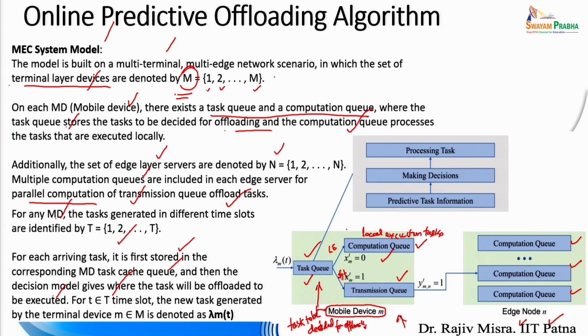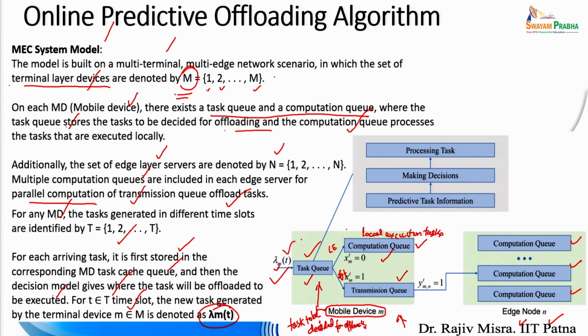If it is offloaded, then it is put in the transmission queue. Now, for a particular time slot, the new task generated by the terminal device M is denoted by lambda of M, that is what is shown over here. That is nothing but, for a particular mobile device M at a particular time slot, the task which is being created.